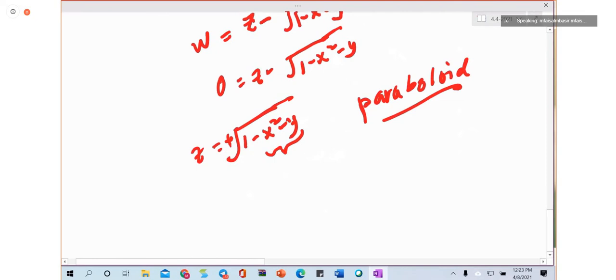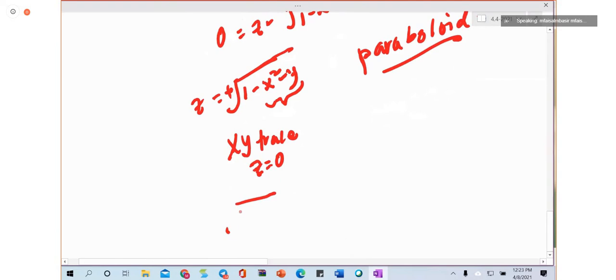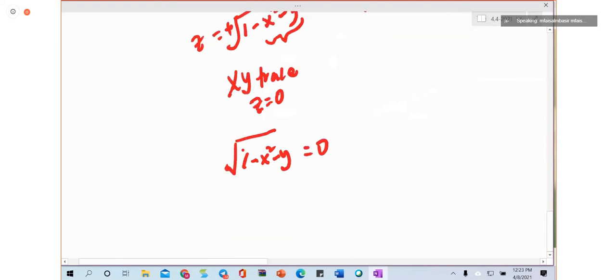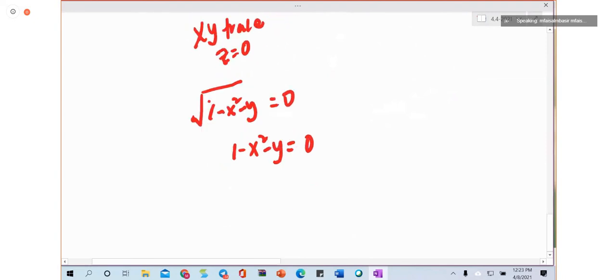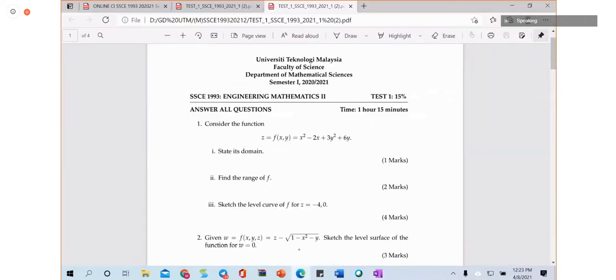So what you can do is, you find the traces, the xy trace, z equals 0. Then what do you have? 1 minus x squared minus y equals to 0. Then what you have here? Then you have y equals to 1 minus x squared, correct?